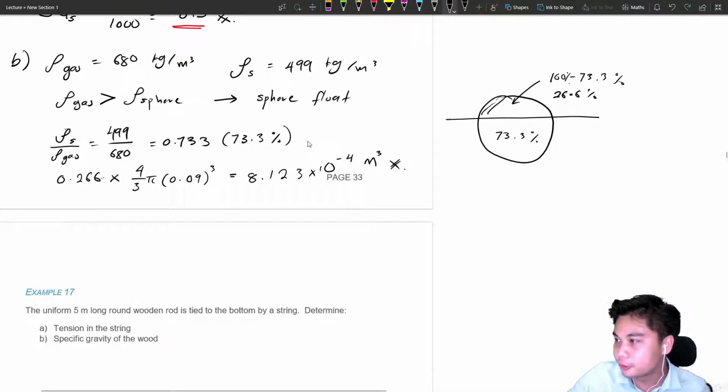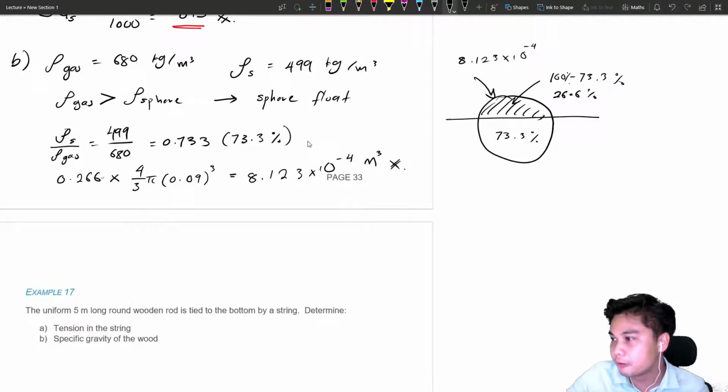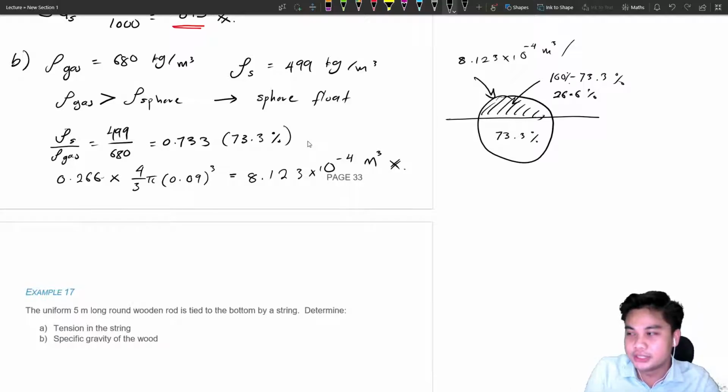This volume is 8.123 times 10 to the power of negative 4 cubic meters, or you can directly convert into cubic centimeters by multiplying by 10 to the power of 6.